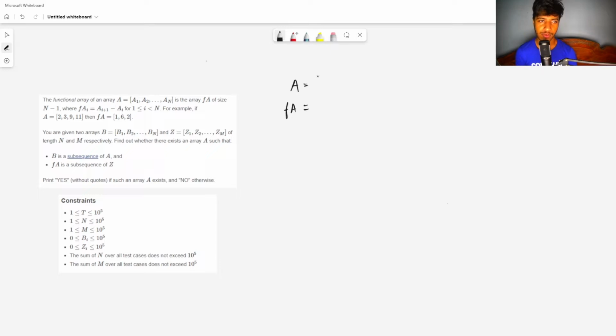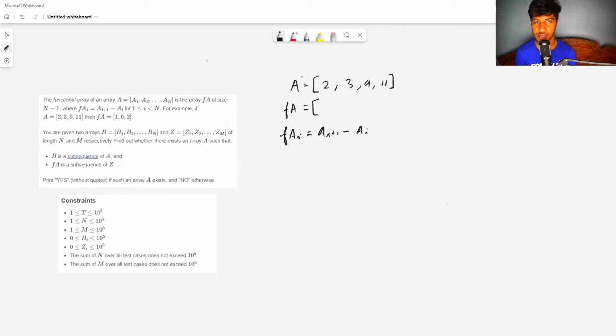If A is something like 2, 3, 9, 11, the functional array will be the difference of the adjacent elements. In short, f(A_i) = A_(i+1) - A_i. Naturally, if the size of A is n, the size of f(A) will be n minus 1, one less than the size of the original array.